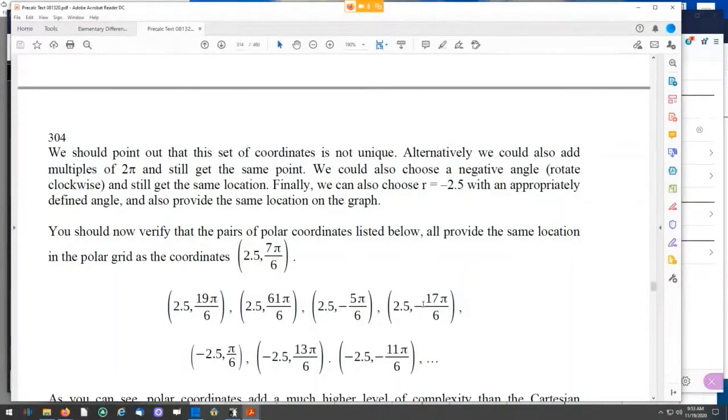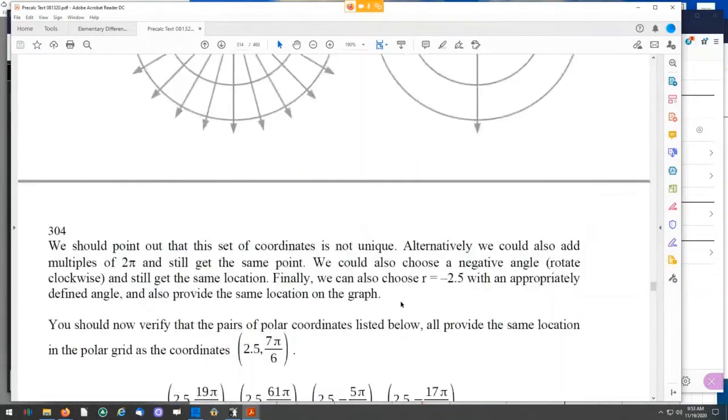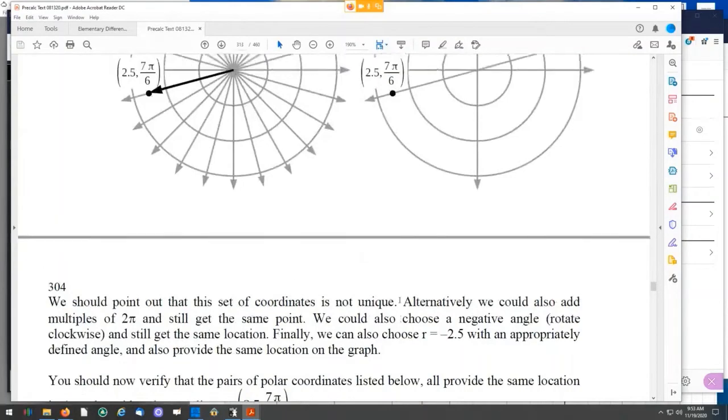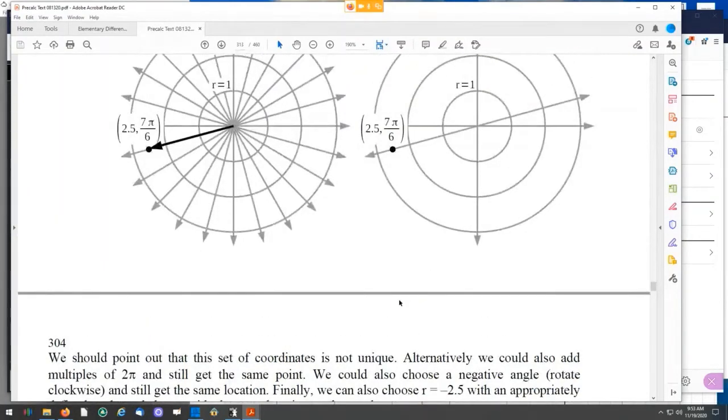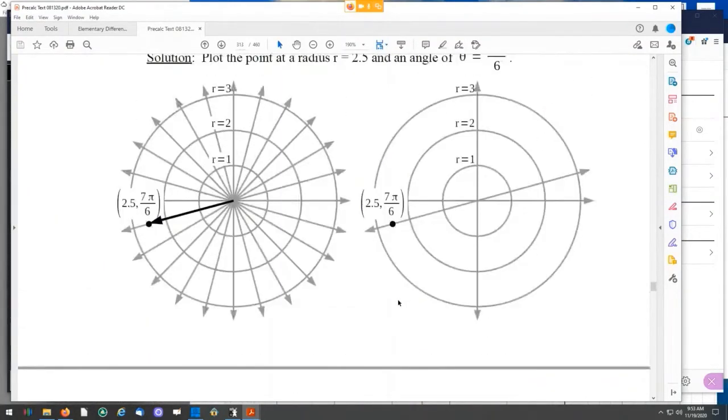Or I could then subtract another 12 pi over 6, and that could be written as negative 17 pi over 6. It's not unique. So on a test, you can represent it many ways, differently than others, and still get the same answer.